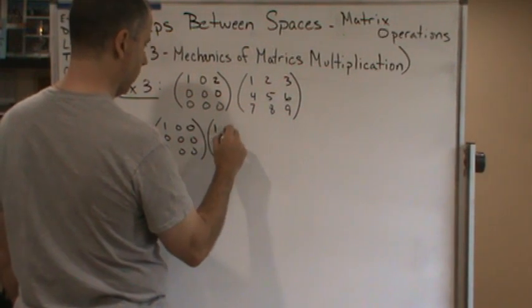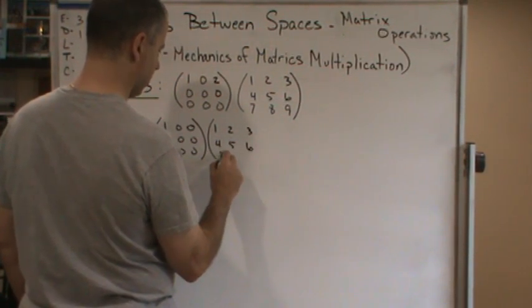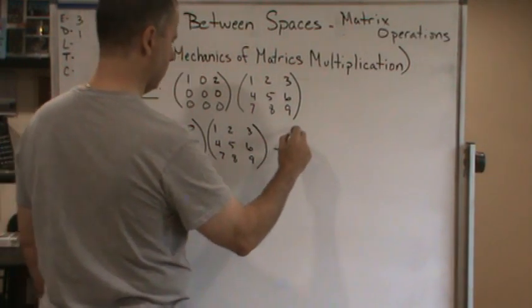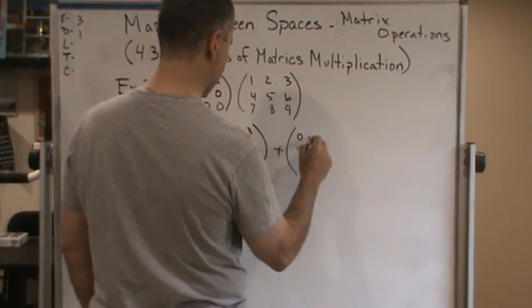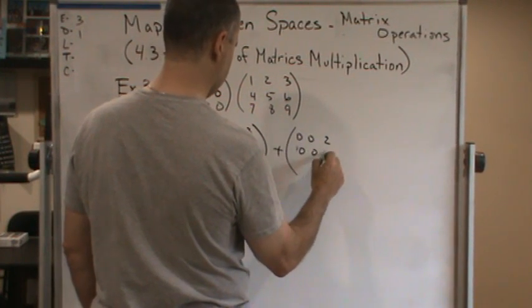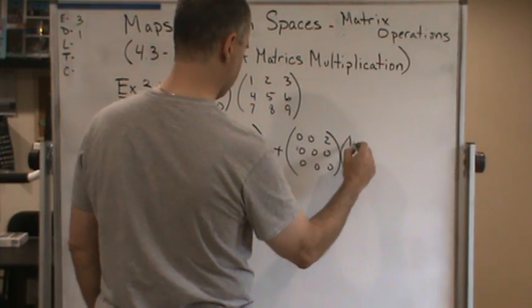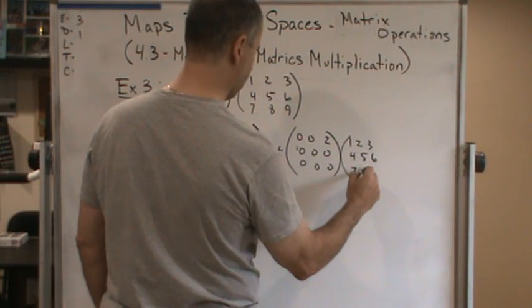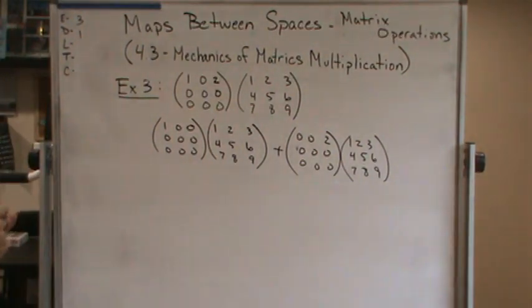So it's going to be 1, 2, 3, 4, 5, 6, 7, 8, 9, plus, oops, 0, 0, 2, right? So that's what we get when I expand it out.